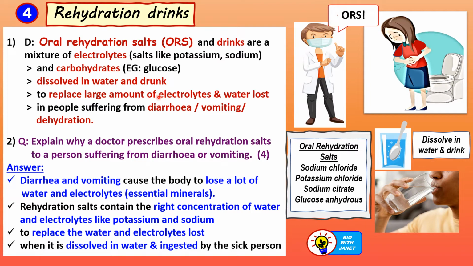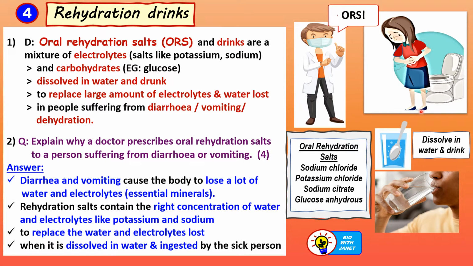So it is used to replace the large amount of electrolytes and water that's lost in people suffering from diarrhea, vomiting, or dehydration. So this is meant for people who are sick. What's diarrhea? Diarrhea in Malay we say cirit birit, or Chinese is la tuzi, right?